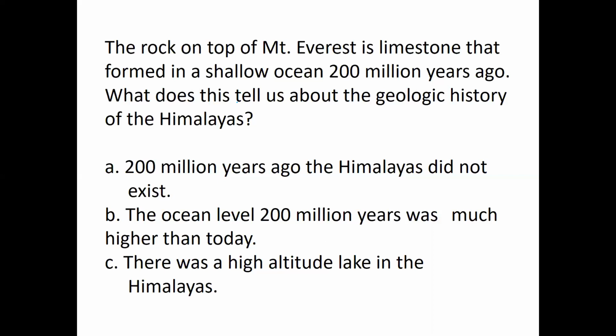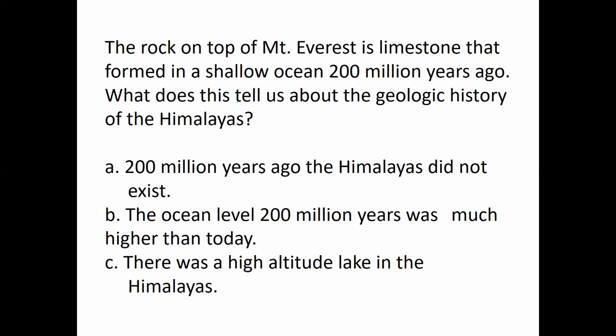There should be no terrestrial sedimentary rocks that are 200 million years old. Well, we not only find terrestrial sedimentary rocks that are 200 million years old, but we find those sedimentary rocks that have fossils of land-dwelling organisms in them. So we know for sure that there were locations on Earth 200 million years ago that were above sea level, because they have sediments that are deposited on land, and there are fossils of organisms that lived on land in them.